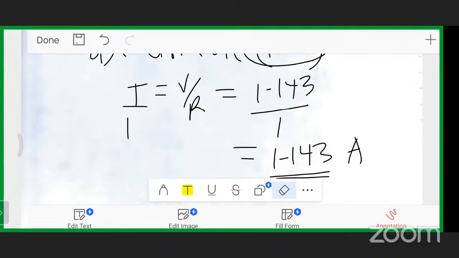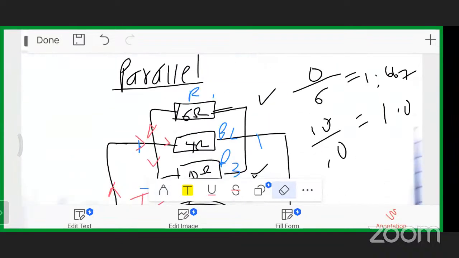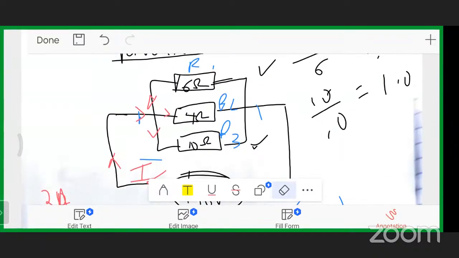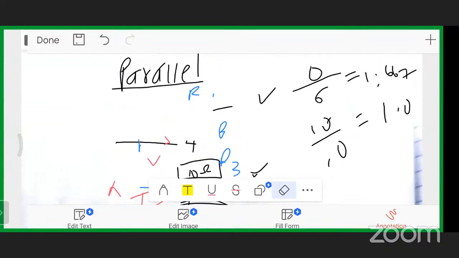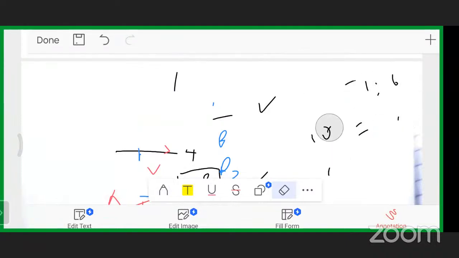Now I want us to just try and introduce this network I want to draw here. Let me get more space. So that's the first thing.